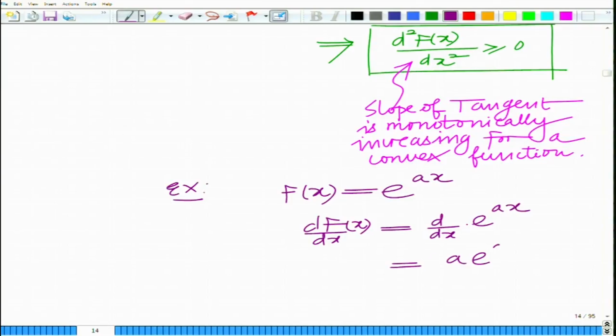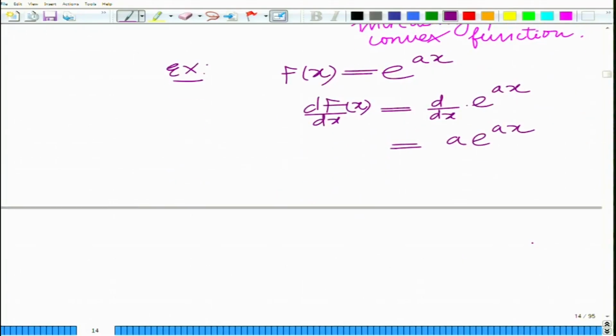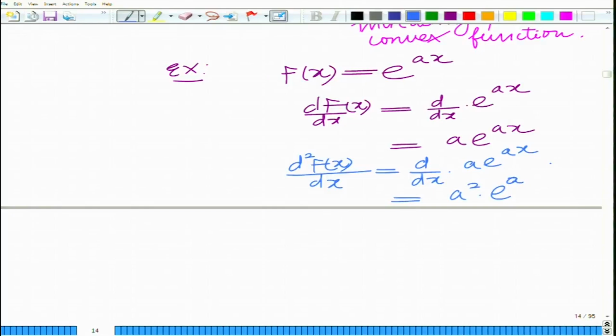We know the derivative of the exponential, this is a e raised to ax. Now, if you take the second derivative, that is the derivative of the derivative, d over dx of a e raised to ax, which is a square e raised to ax.